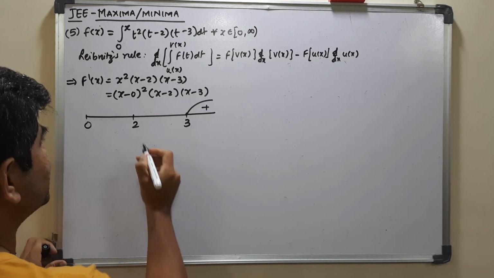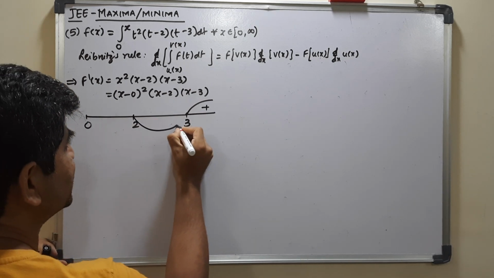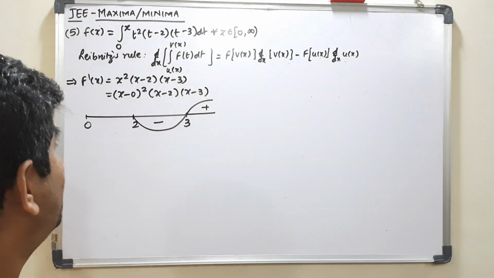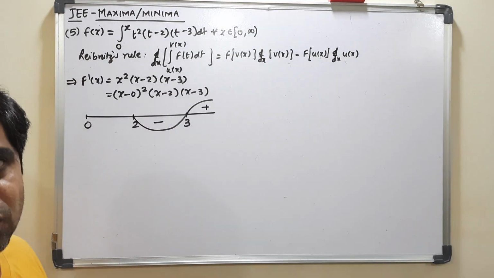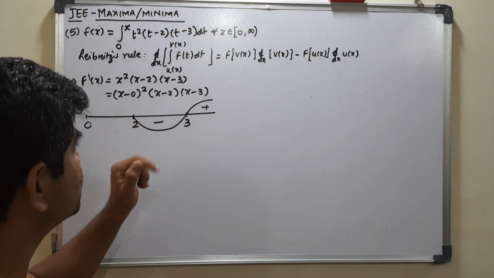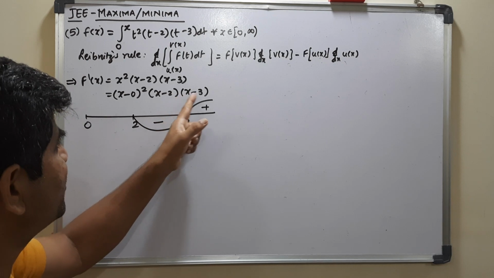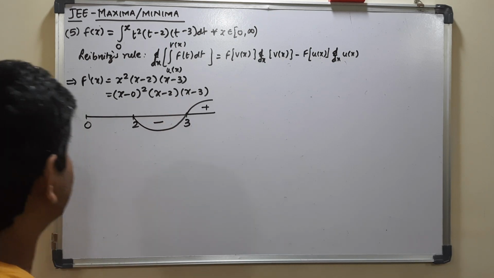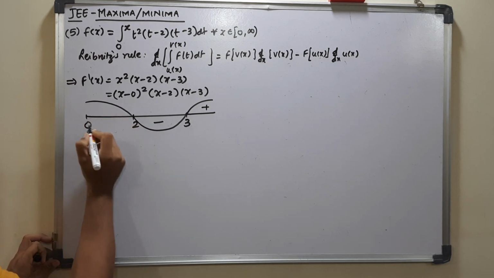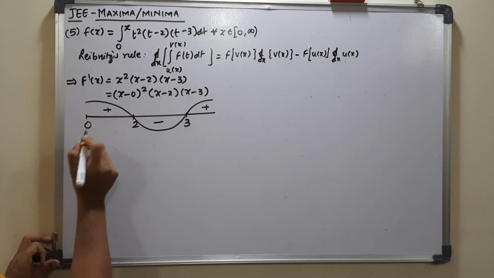So between 2 and 3 you get negative, so it comes down like this. Now any value between 0 and 2, let me take 1, very simple. 1 minus 2 is negative and 1 minus 3 is negative. Negative, negative means positive, it comes upside here. This is your positive.